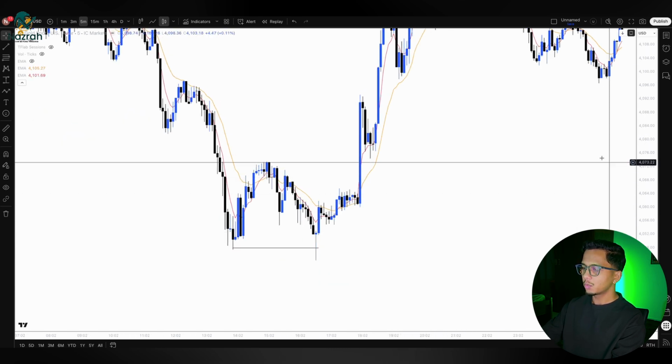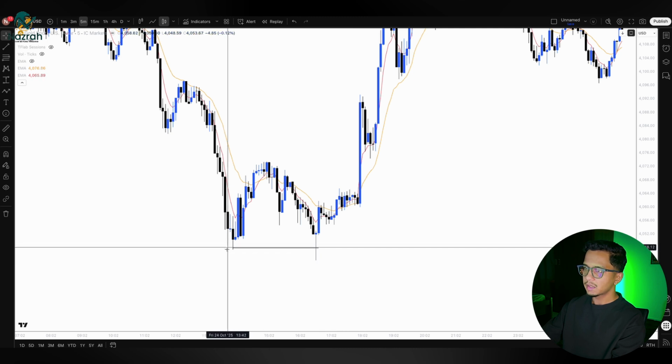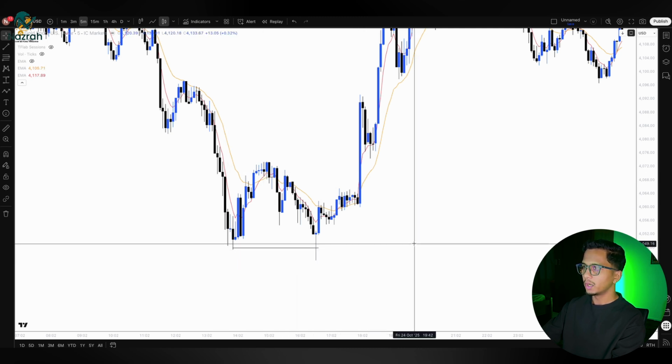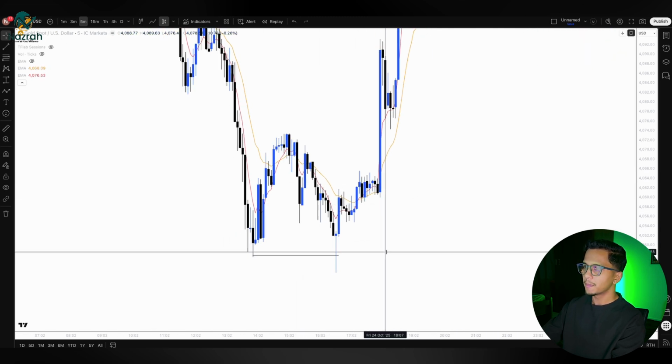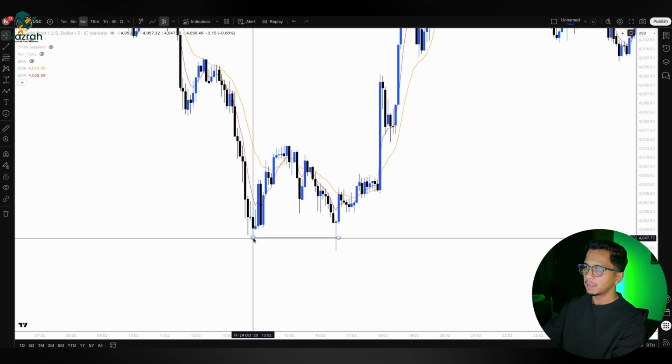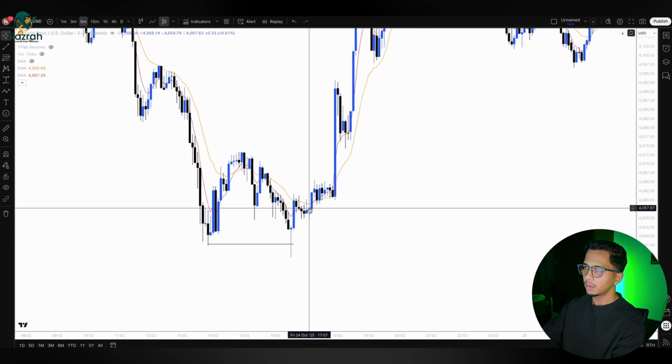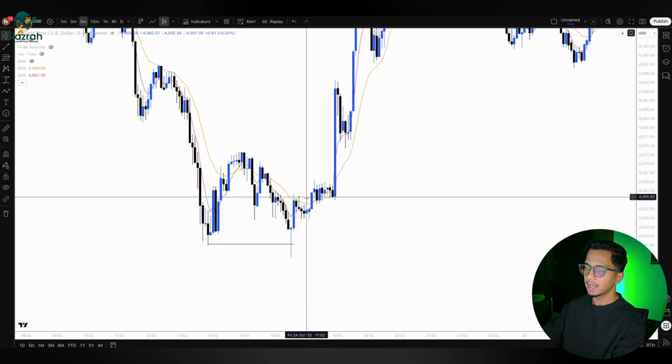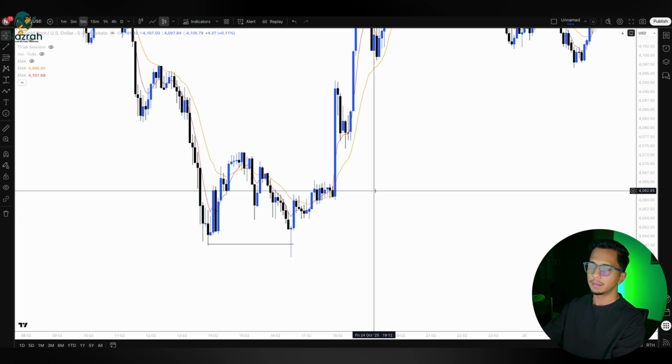Now, once we get a sign of an inducement, we look for an EMA crossover. Now, if you look here, the inducement was done and then the 6 EMA, which is the red, crossed over the 18 EMA. This right here is our entry trigger.